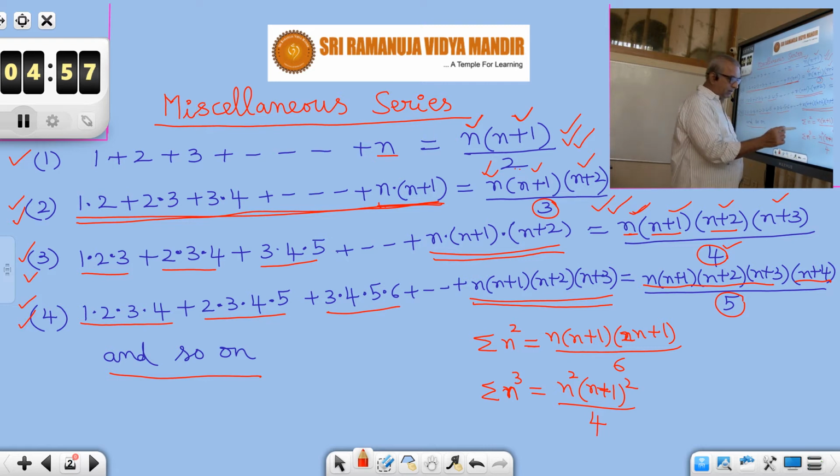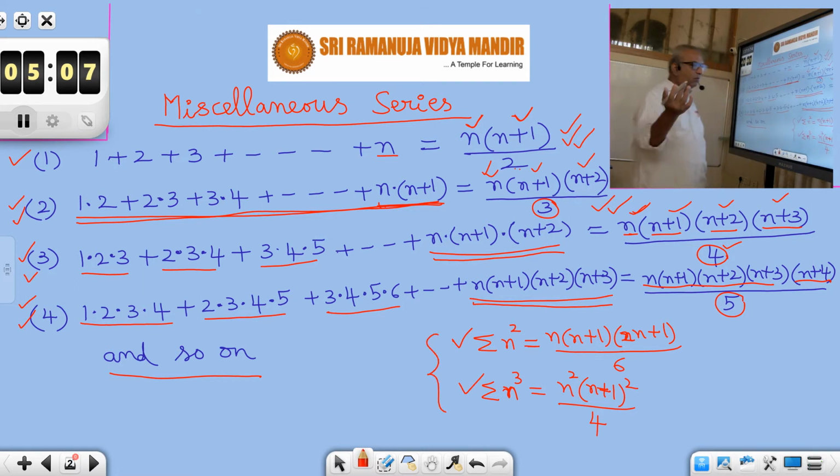In arithmetic progression lecture number 2, I think I proved the sigma n square formula and sigma n cube formula. After proving these formulas, as an example, I did these problems, the second problem or third problem or both of them probably.